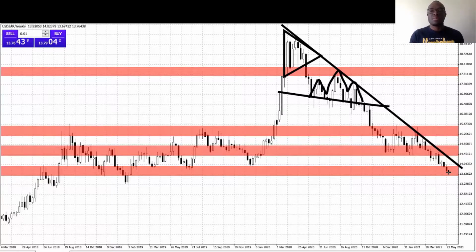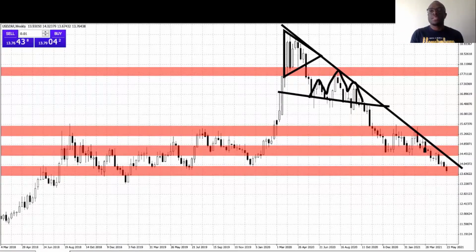Since there is this bearish momentum, the price may push back during the week, maybe testing this as a resistance zone, and then maybe close within this support zone, forming a wick. We might also experience upward pressure, and then the candle also forms wicks to the upside and to the downside. So this is the situation that I'm expecting generally.